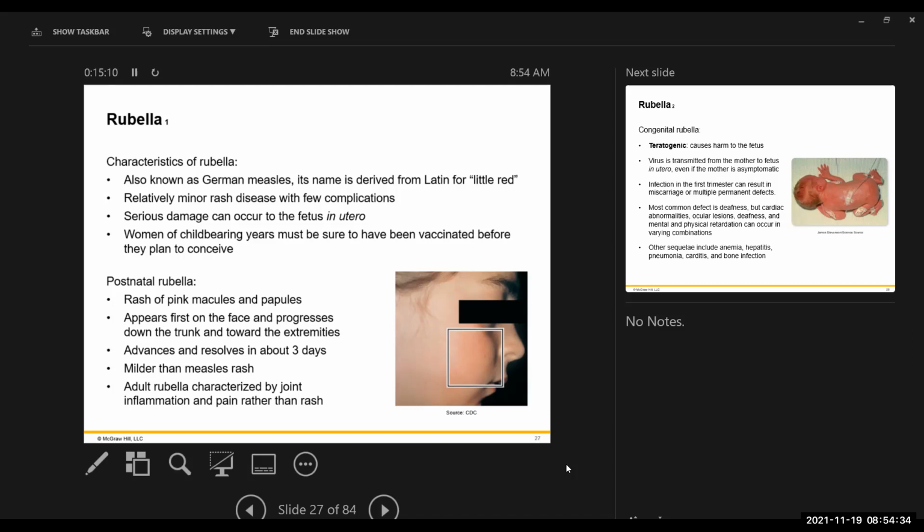You'll get enlarged lymph nodes, usually with German measles, right there behind the ears. That's post-auricular lymphadenopathy. Yeah, that's a long word.